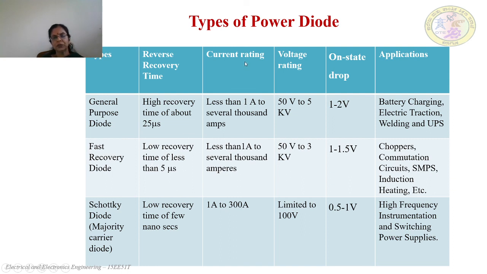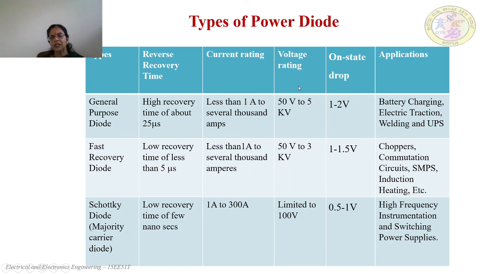When we look at the current rating, in general purpose diode it is less than 1 ampere to several thousand amperes, and in fast recovery diode it is less than 1 amp to several thousand amperes. In Schottky diode, it is 1 amp to 300 amps.